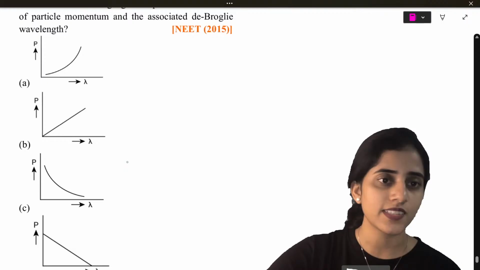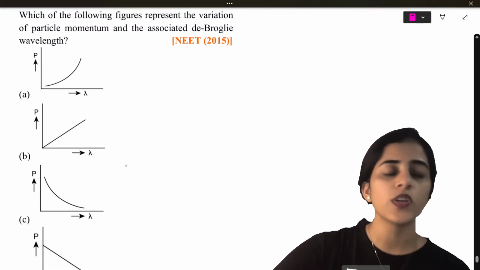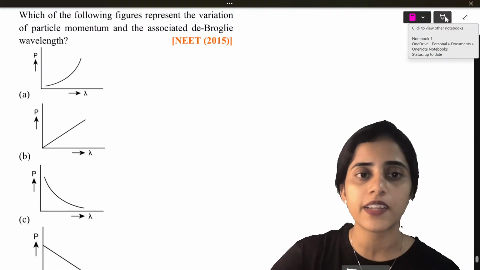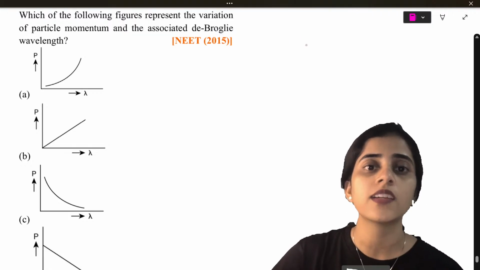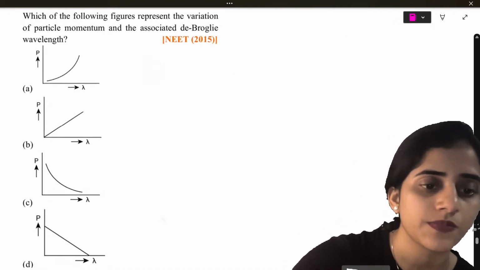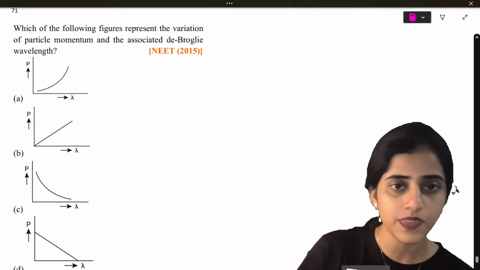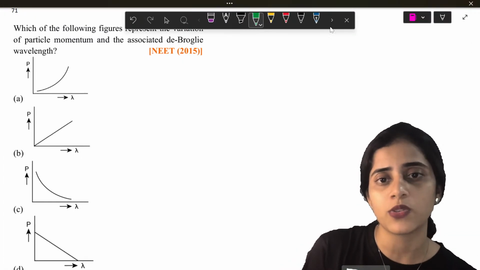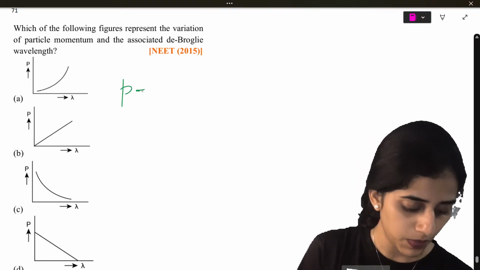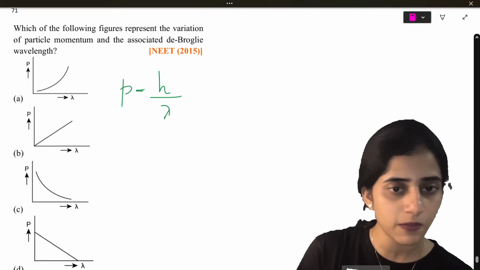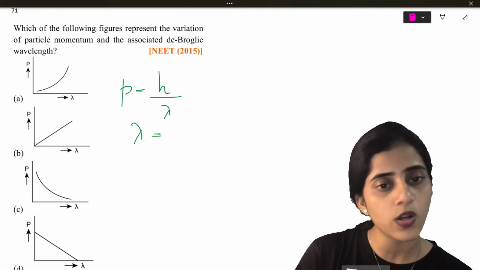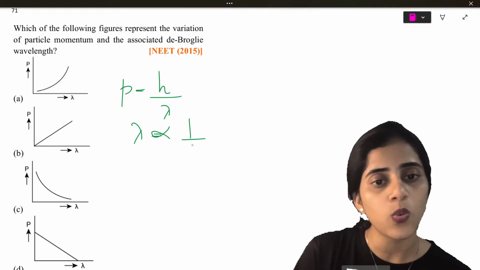Next question. Which of the following figures presents the variation of particle momentum associated with de Broglie wavelength? I'll show you all the graphs. Okay, all the graphs are visible. Let's first write the formula, only then we'll know which one is the graph. p is equal to h by lambda, and lambda is proportional to 1 by p.